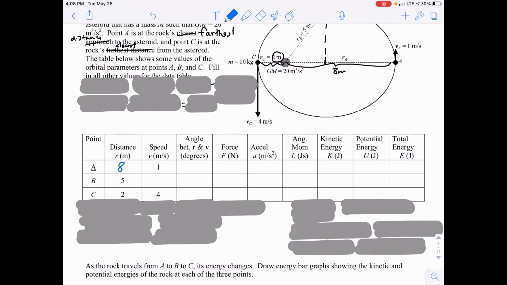So what is the angular momentum? The angular momentum is mvr. I can find that for A and C, because I know m, v, and r for that.